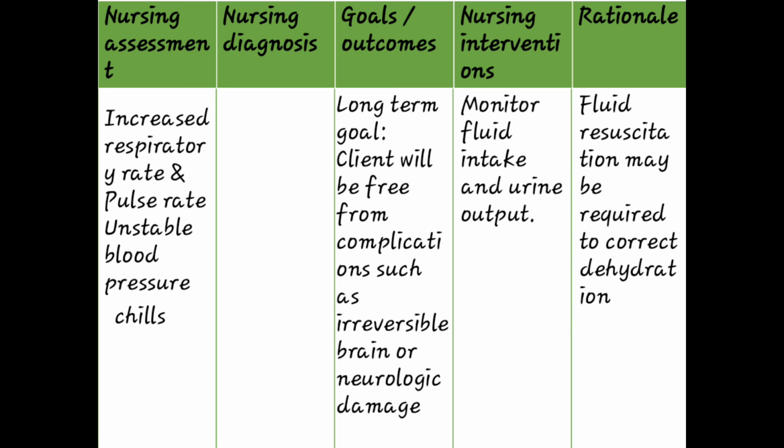So first of all, we have to identify whether there is any sort of dehydration in the patient or not. For that, we have to monitor the fluid intake and the urine output, and if there is a dehydration, we should correct that with fluid resuscitation.